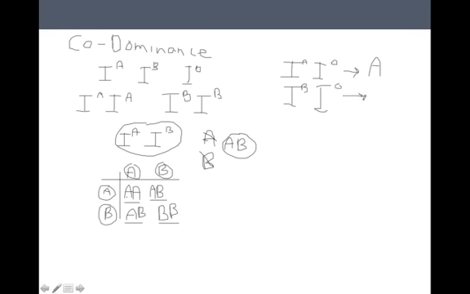In this case, B is dominant over O, so they're blood type B.